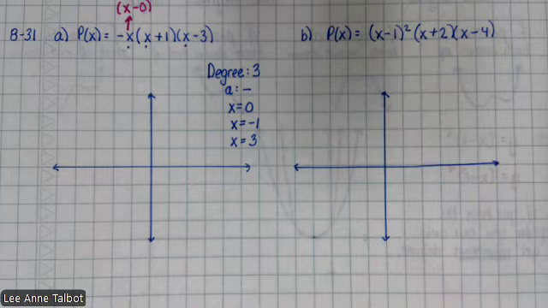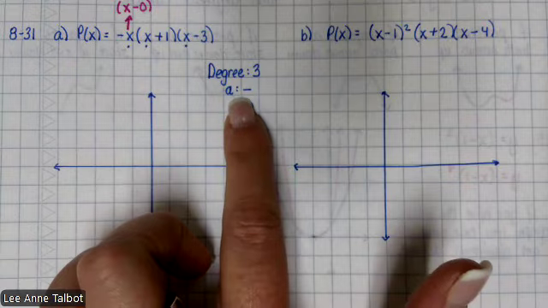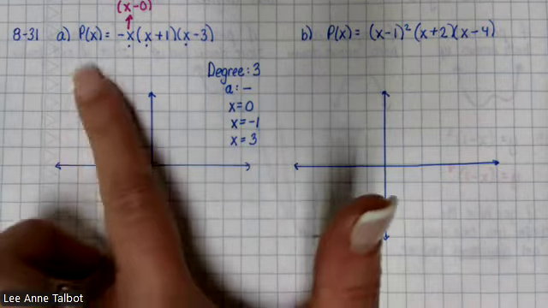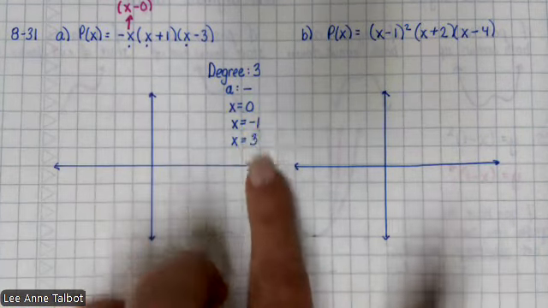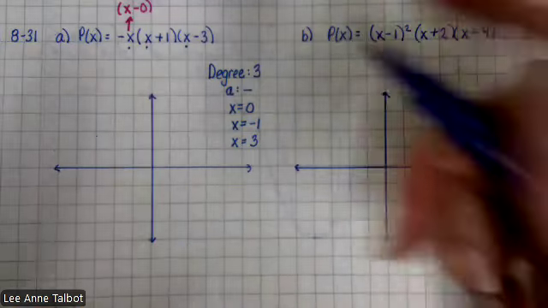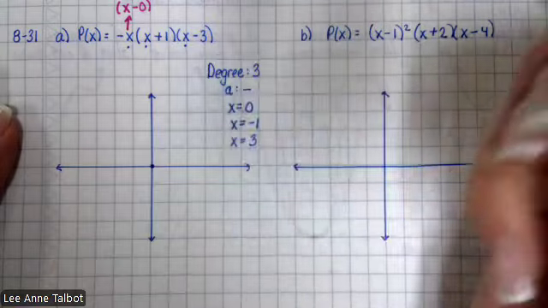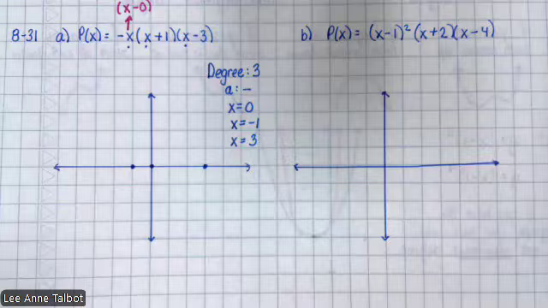You guys good so far? Okay, so first I figured out the degree. Then I figured out my A value was negative by looking at the front. And then I said it's degree 3, so there should be 3 roots. Okay, I have roots at 0, -1, and 3.